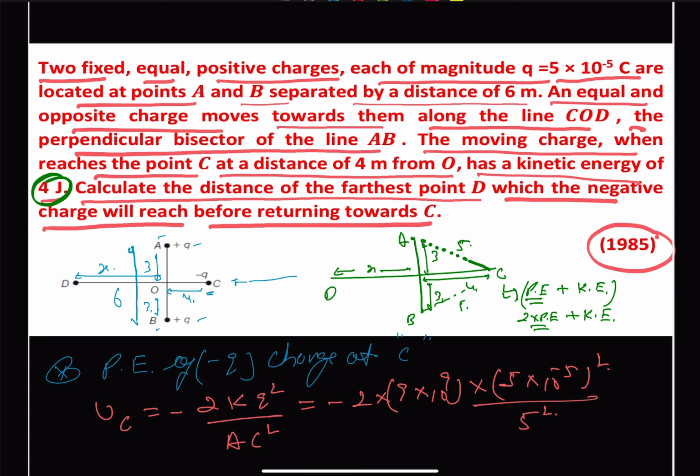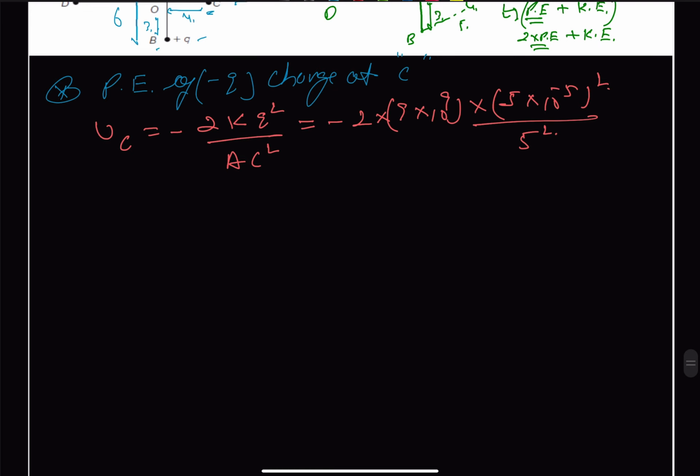So we can simplify it, this square and this square go away, and this comes as 9 into 10 to the power minus 10, so we can say our UC will be minus 9 joules.